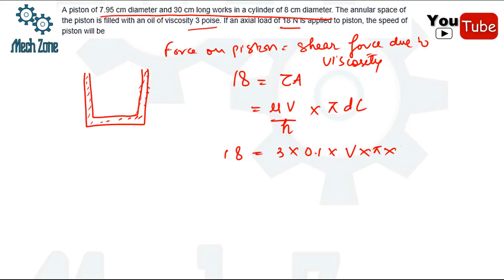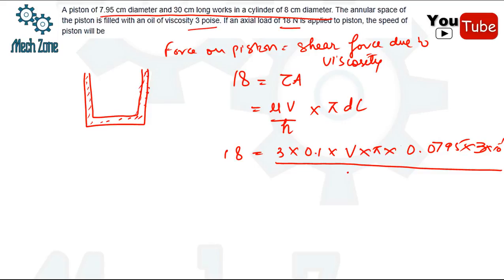meters first, because we can report the velocity in meter per second itself. So it would be 0.0795 multiplied by L. Length has been given as 30 centimeters, so we will keep it in meter, and therefore it is 3 into 10 to the power minus 1 meter.